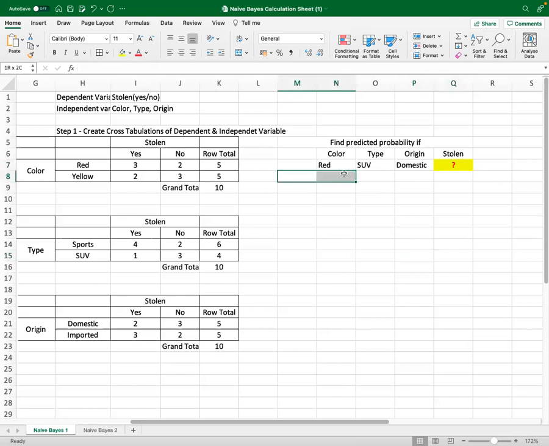That means we have to find out basically what probability of yes given it is red, SUV and domestic. To find out probability of yes given it is red, SUV and domestic. So how do we find this?